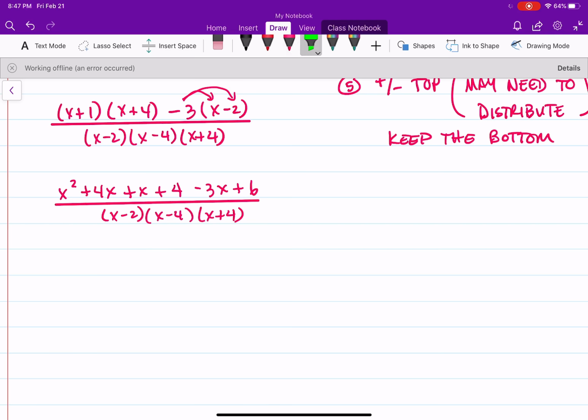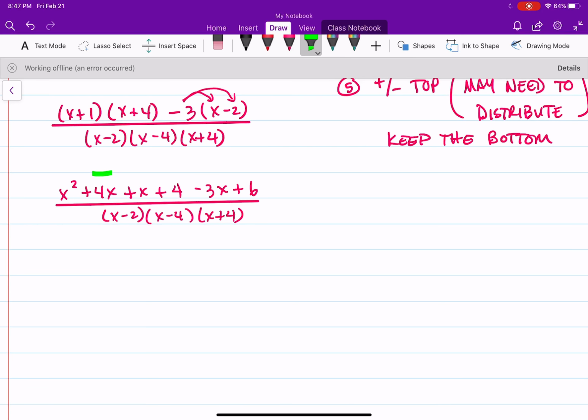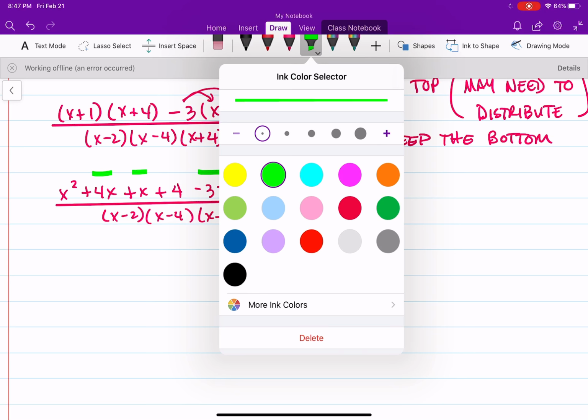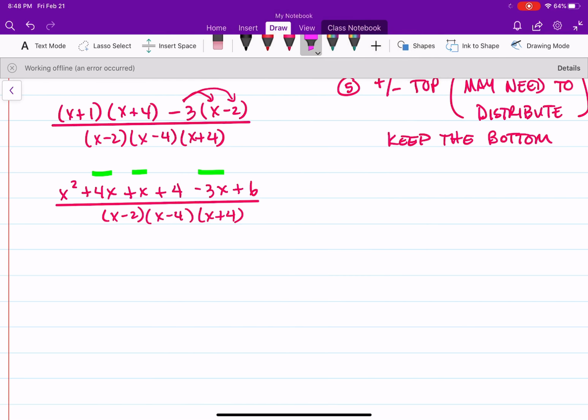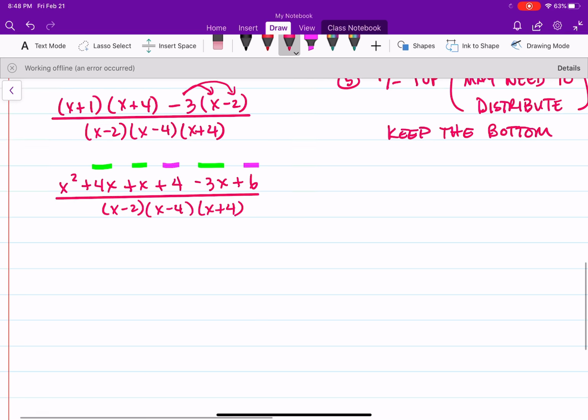So I'm going to use the highlighter to kind of not underline but overline these. So I have the x, x, and x here. And then I have the 4 and the 6. And the x squared is by itself. So therefore, what do I have?